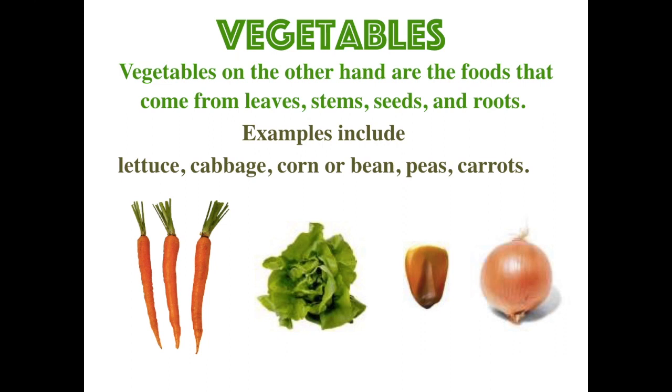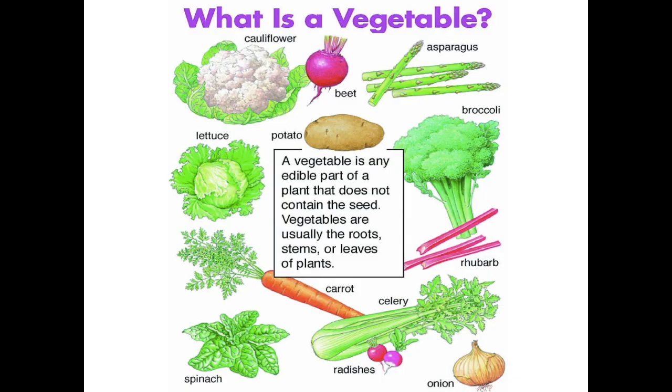Now, an onion actually would be considered an underground leaf because it has these layers of leaves folded on there. Underneath the onion, you do have little fibrous roots, identifying that it's a monocot. So here's an identification of all vegetables.